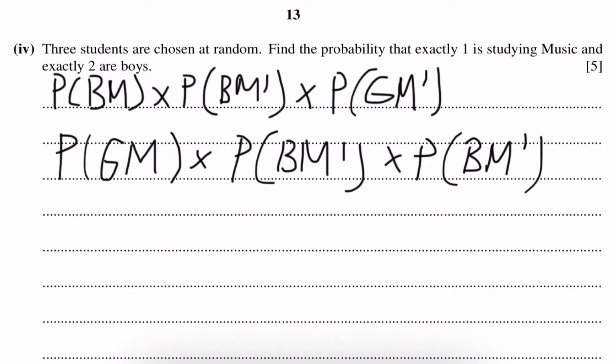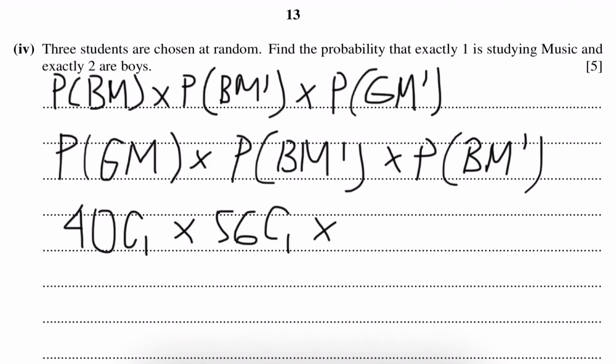So for this question, I will use the combination formula. So for boys studying music, there are 40 students, and I will choose 1. Multiplied out of the 56 boys not studying music, I will choose 1. And out of the 52 girls not studying music, I will choose 1. Add this with the probability of getting a girl studying music, which is 12.